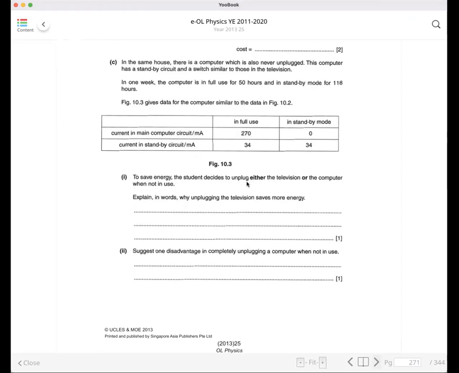When you unplug the TV or the computer, there will be no current being supplied to the computer or TV at all. Therefore it will actually save energy. Suggest one disadvantage of why completely unplugging a computer is not good.